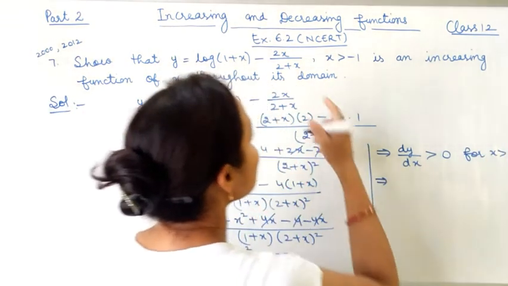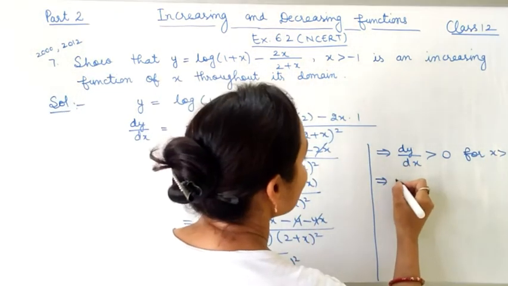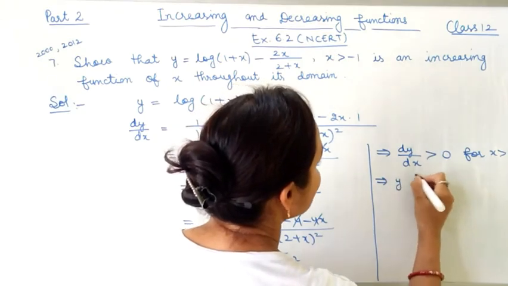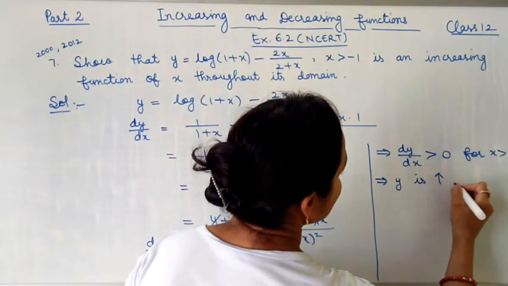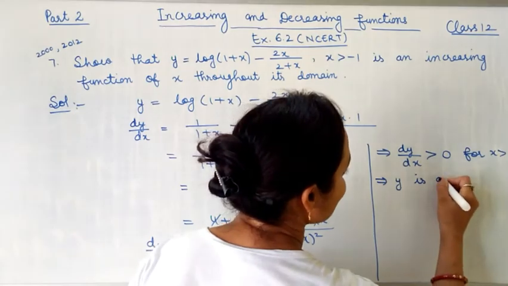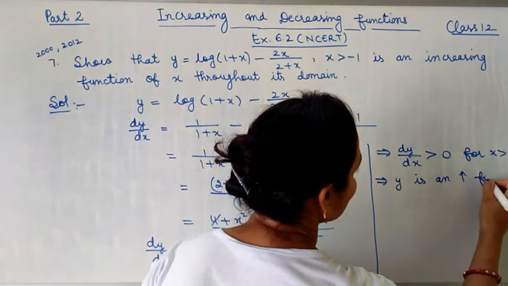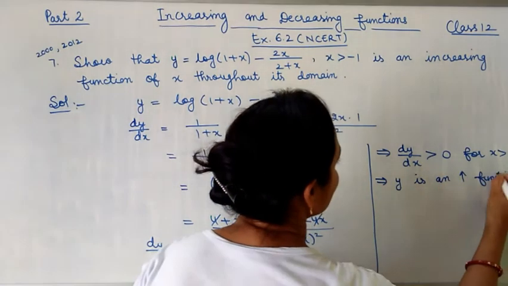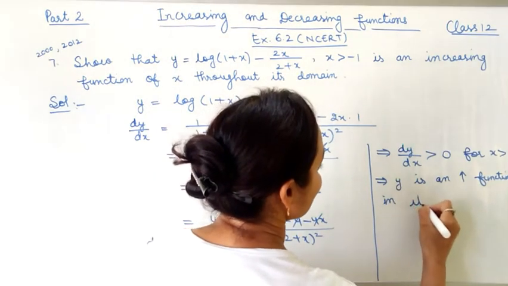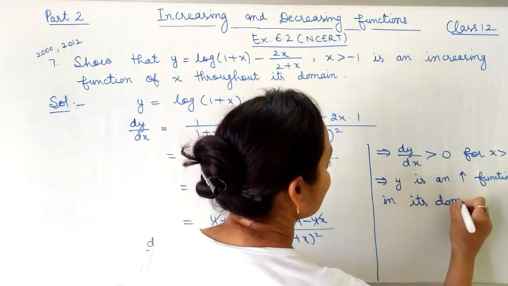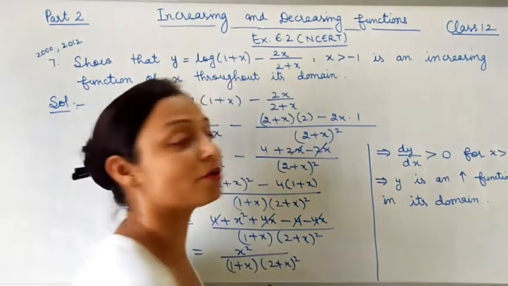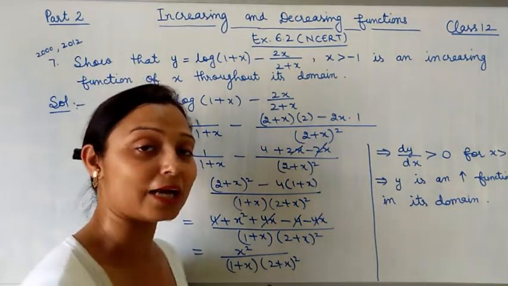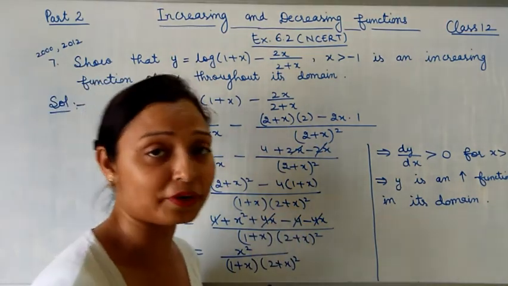This implies the function y is an increasing function in its domain. So this is a very simple question, and it has a weightage of 4 marks. So next I will do the next question, that is also very important.